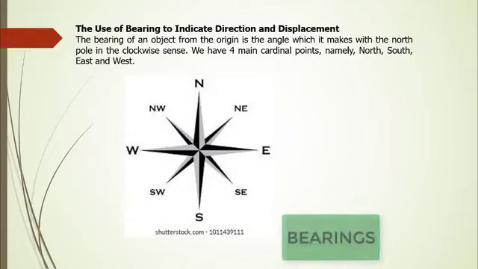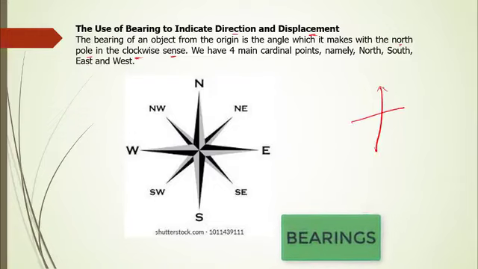At this point, let's see how we can use bearing to indicate direction and displacement as well. We say that the bearing of an object from the origin is the angle that it makes with the North Pole in the clockwise sense. In a mathematics class, you also talk about this extensively. But I need you to know that we have 4 main cardinal points.